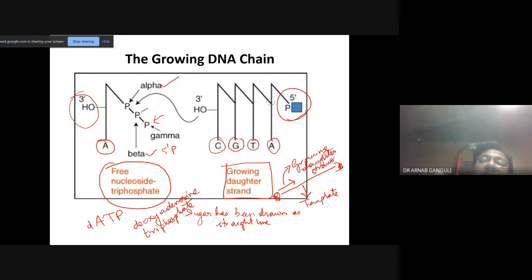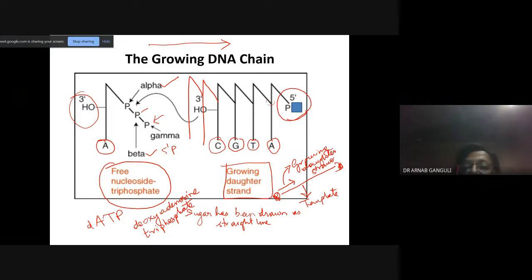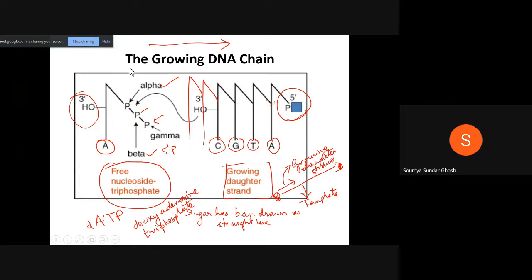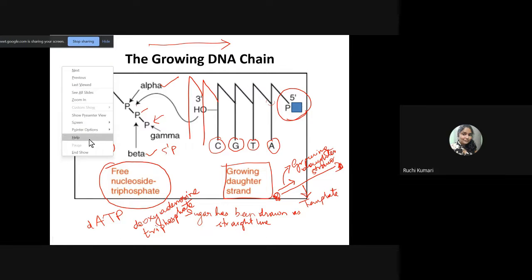And you have this OH. So this 3' OH attacks the alpha phosphate. Once this attack takes place, you can expect the chain to grow. Then another attack takes place, it grows, so gradually the DNA chain keeps on increasing. Clear, everybody?